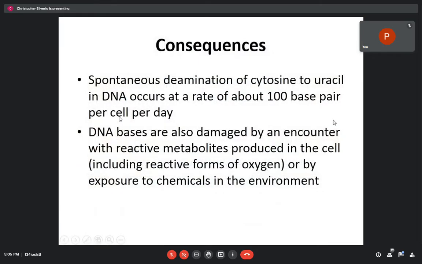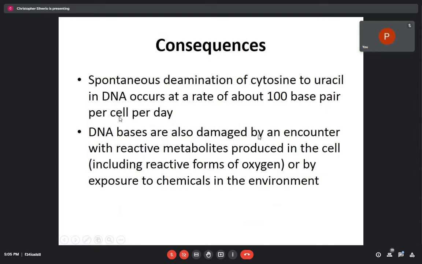What is the consequence? Spontaneous deamination of cytosine to uracil in DNA occurs at a rate of about 100 base pairs per cell per day. So what will happen to cytosine? When it is deaminated, it will be converted to uracil.